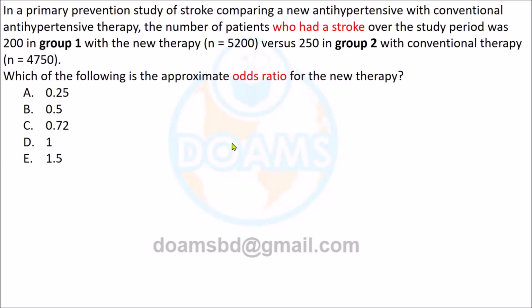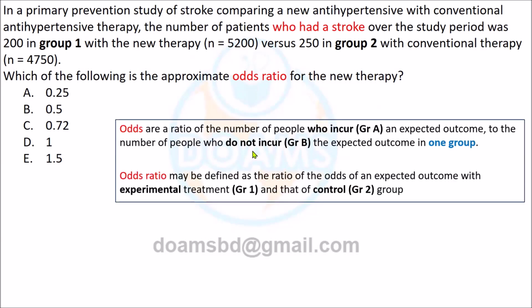Now in the second group, the total is 4,750, so 250 is the outcome, that means happening, and 4,500 is non-occurring. So let's calculate these odds first.